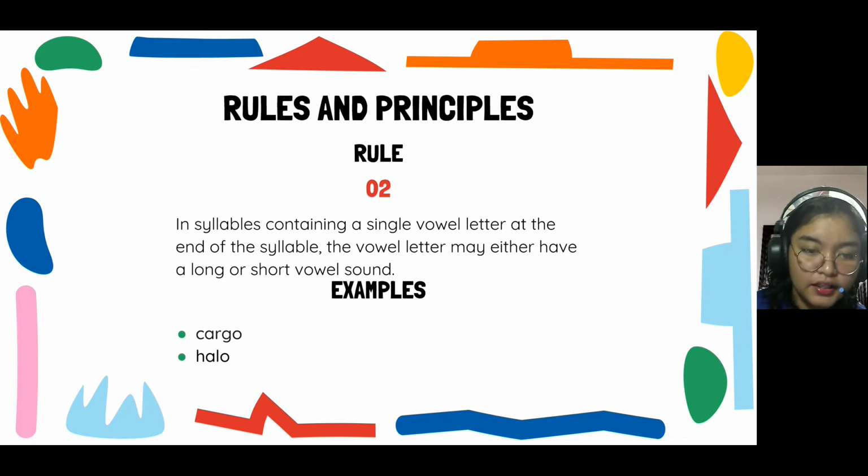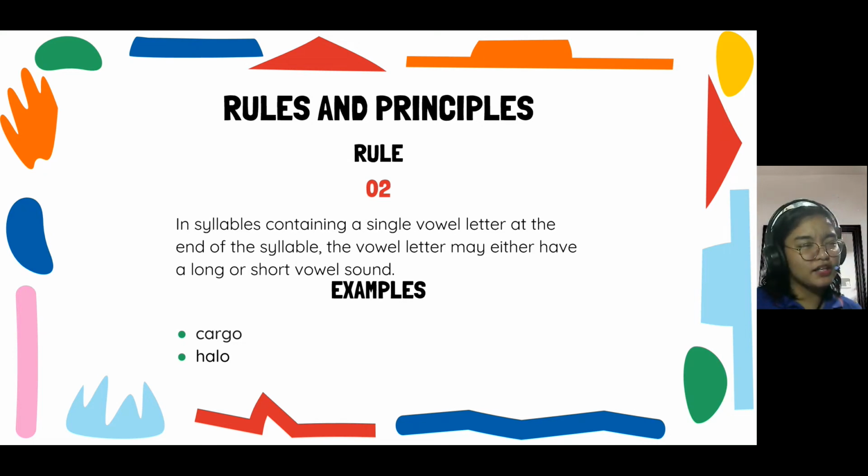Rule number two, in syllables containing a single vowel letter at the end of the syllable, the vowel letter may either have a long or short vowel sound. For example, cargo and halo. The word cargo has a long O sound because it contains a single vowel letter at the end of the word.